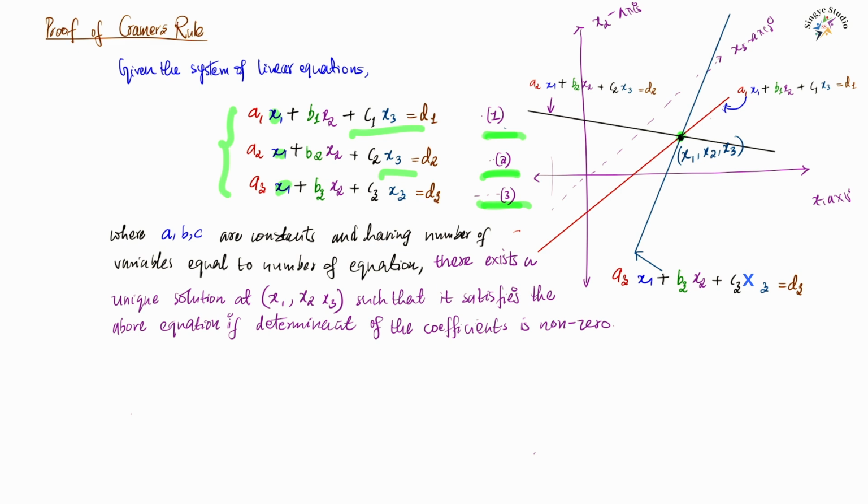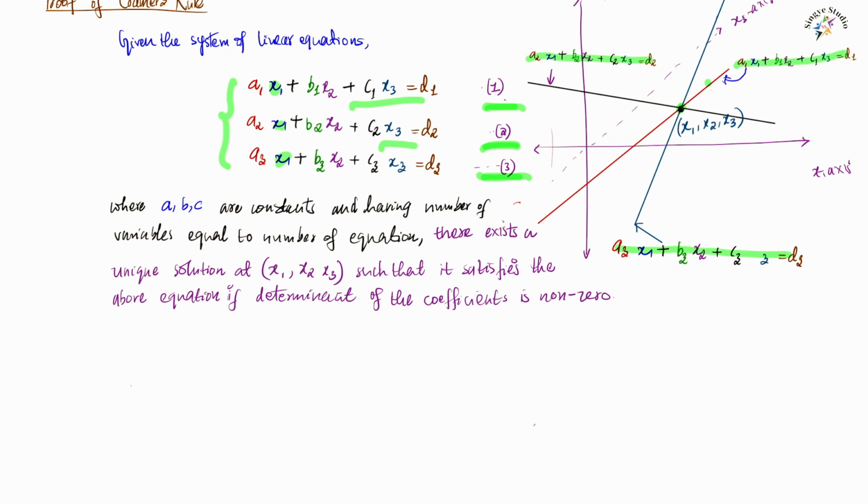If our equation 1 has resulted in this red line, our equation 2 in this black line, and our equation 3 in this blue line, then at the point x1, x2 and x3, all these 3 lines would intersect.